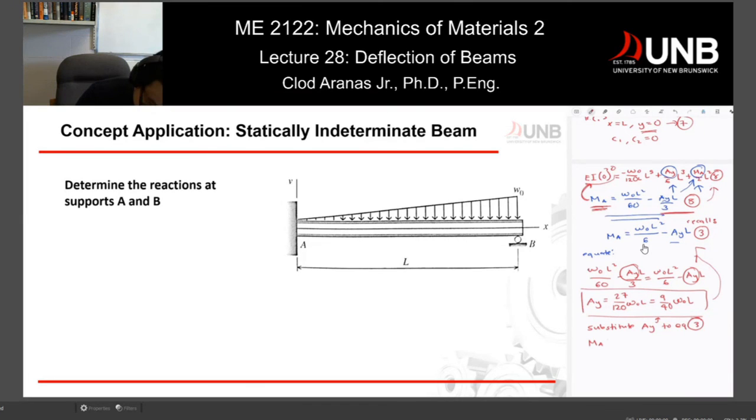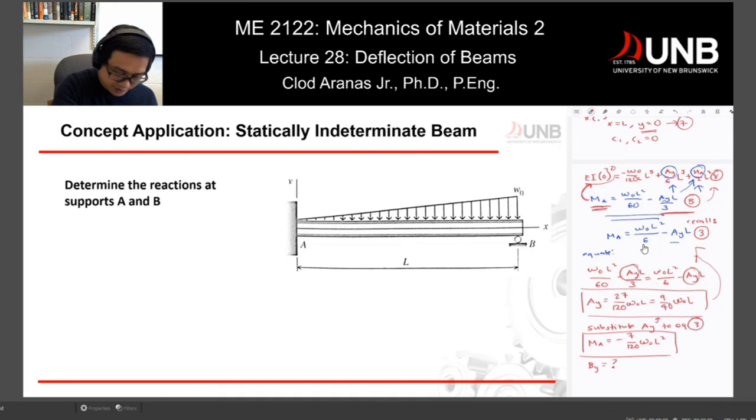So now you will get M sub A is equal to negative 7, and you can do this as a practice at home. So you're going to get this M sub A right here. So now you know M sub A, you know A sub y, you don't know B sub y yet. So you are still looking for B sub y.